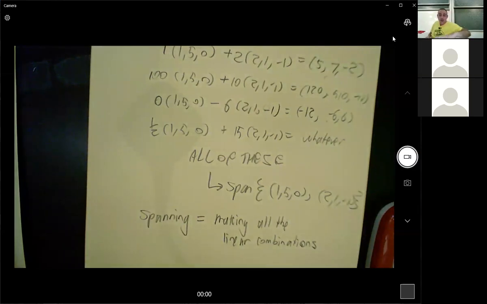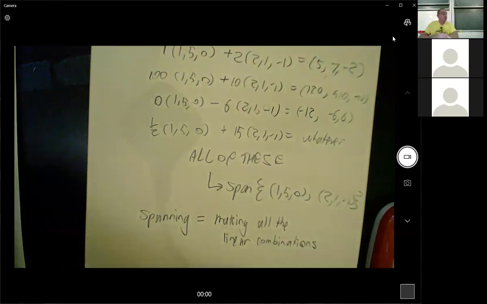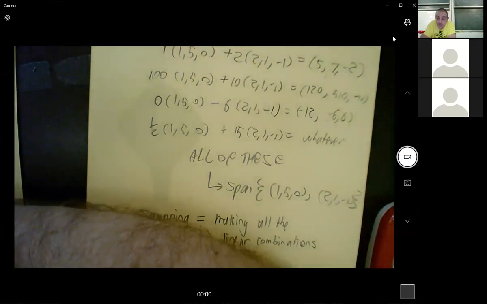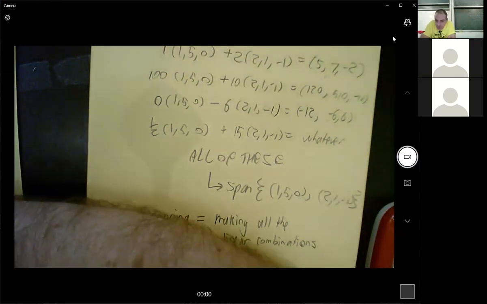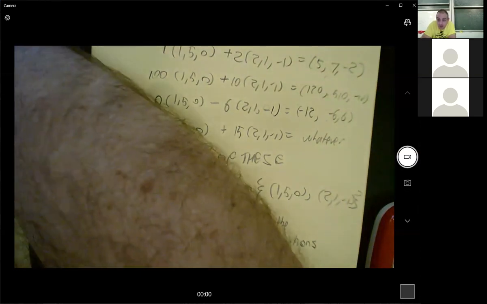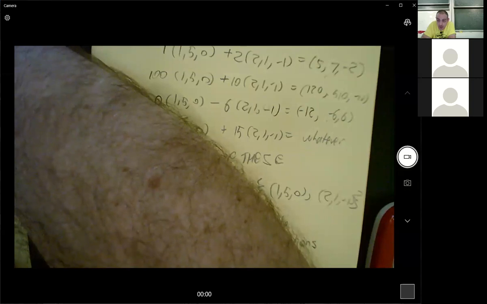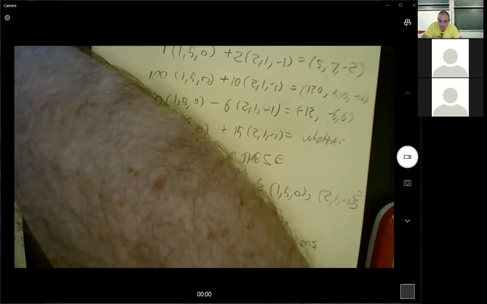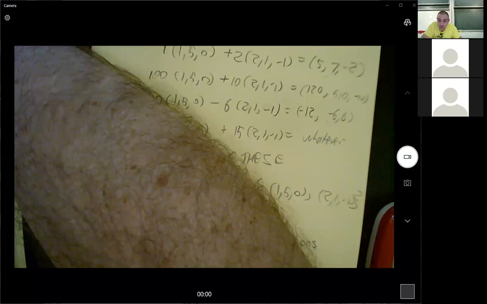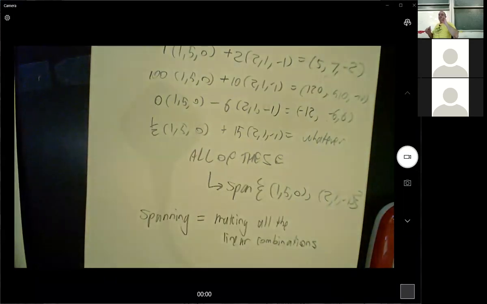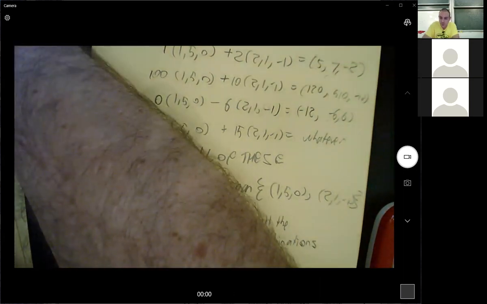In the comments, I'm just going to read it. How can we find the span? I'll get onto that. When it is said that the set of vectors span a subspace V, does that mean the span of the set of vectors is V or the other way around? Okay. And I'll read the other question too and decide which order to do them in.